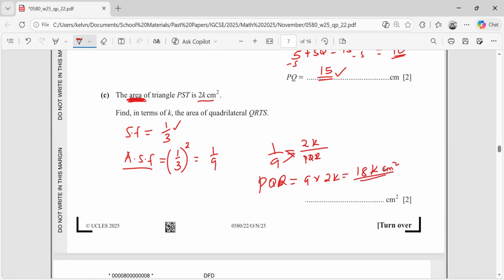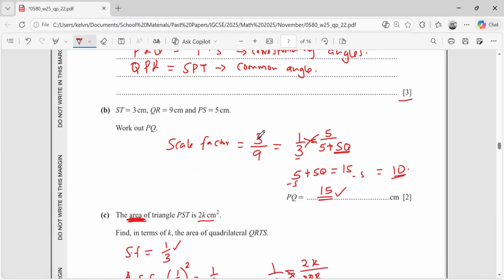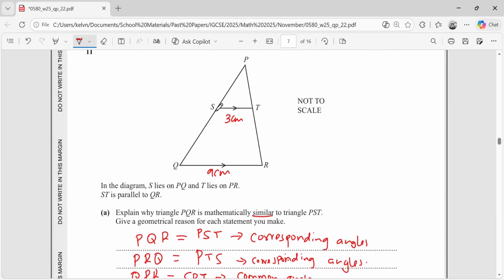Now that's the area of that triangle PQR. Now remember, the question is asking us to find the area of quadrilateral QRTS. So this one here is the shape we are being asked to find the area for. You just need to subtract the area of the smaller shape from the bigger shape.